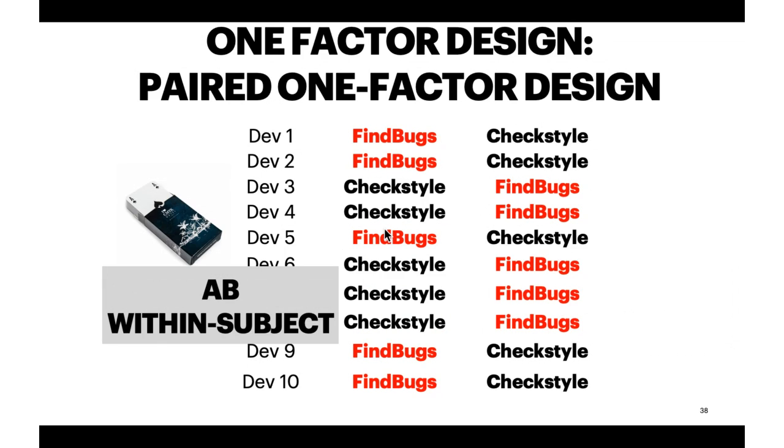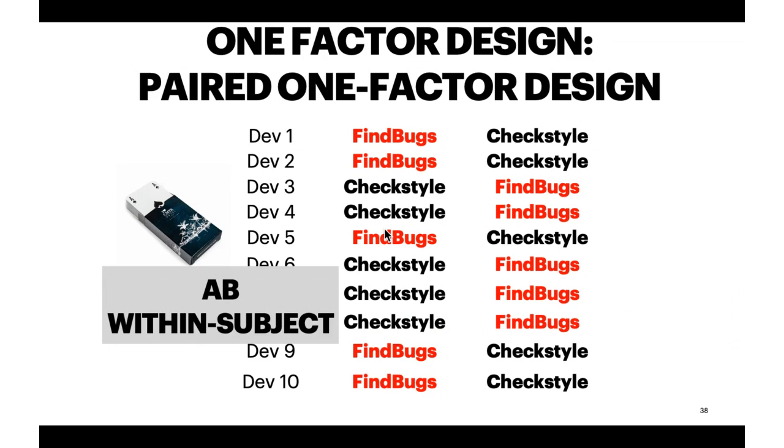So essentially 50% of the participants will start with FindBugs and continue with Checkstyle, and 50% of the participants will start with Checkstyle and then continue with FindBugs.